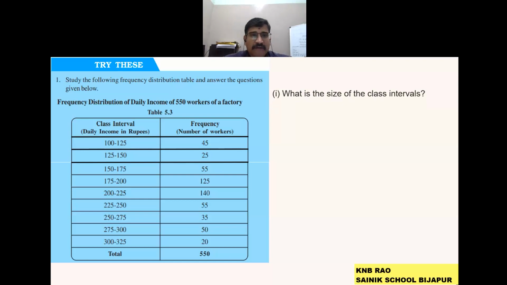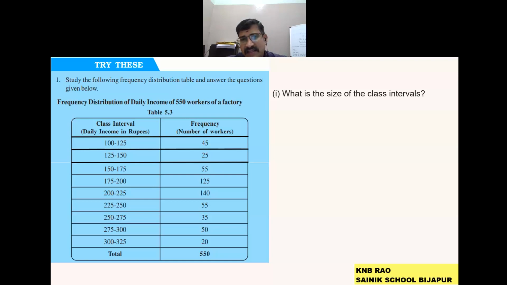Frequency distribution of daily income of 550 workers of a factory is given. Daily income between 100 to 125 rupees, 45 workers are earning wages ranging from 100 rupees to 125 rupees. Then 125 to 150, 150 to 175, and 175 to 200.